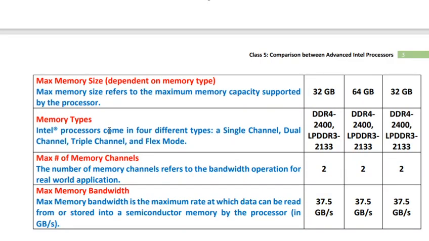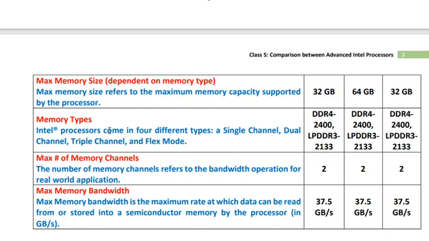Now, maximum memory size. In case of i3 8th generation it's 32 gigabytes, in case of i5 8th generation it is 64 GB, and in case of i7 8th generation it is 32 gigabytes.